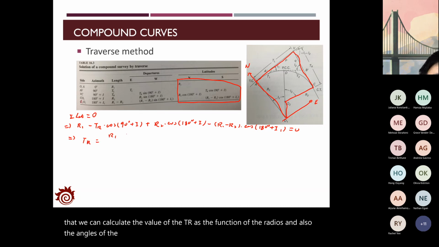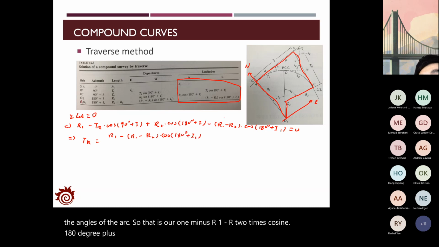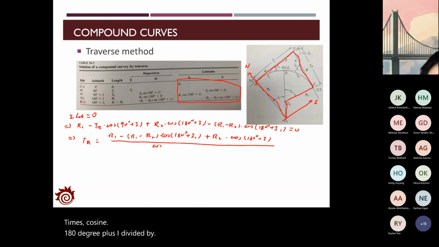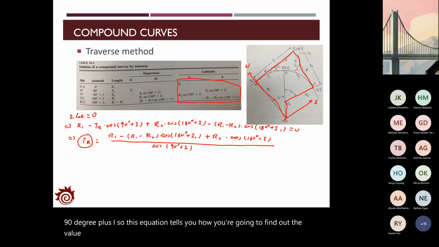So that is R1 minus R2 times cosine 180 degree plus I1, plus R2 times cosine 180 degree plus I, divided by cosine 90 degree plus I. So this equation tells you how you're going to find out the value of TR.